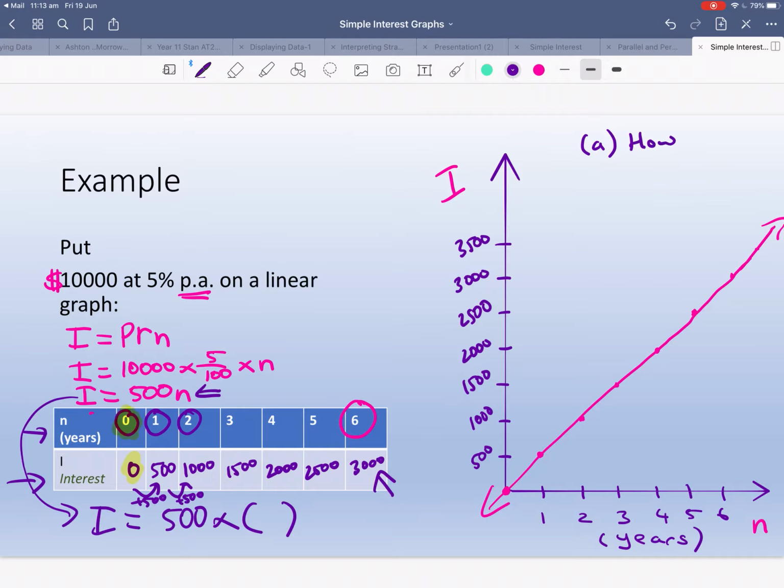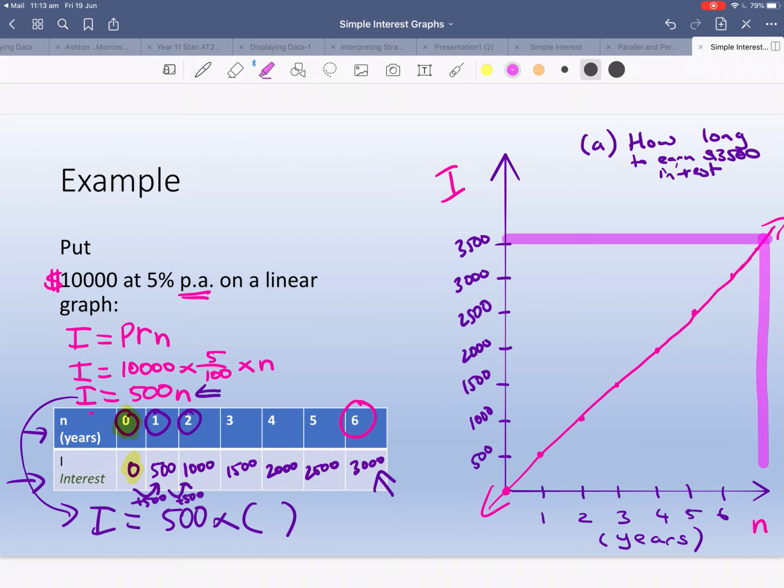How long to earn 3,500 interest? All right. Now I've got 3,500 here, so I'm going to put that on the graph there. Now if I go down, I don't have the number there, but it looks like it will be 7 years. So how long will it take? It will take 7 years.